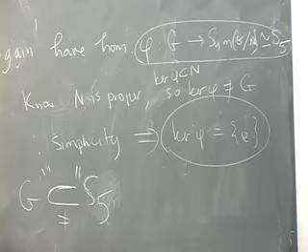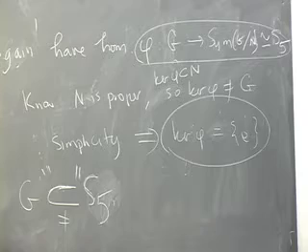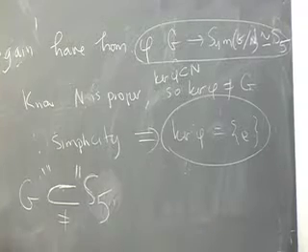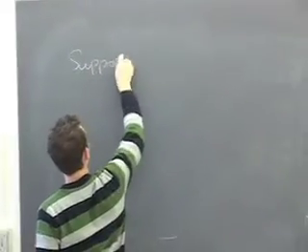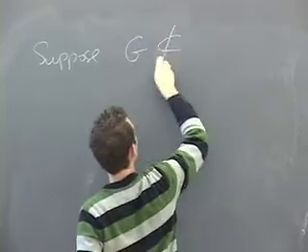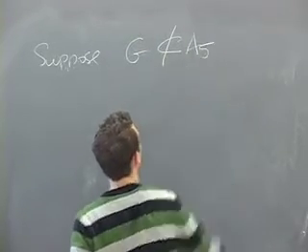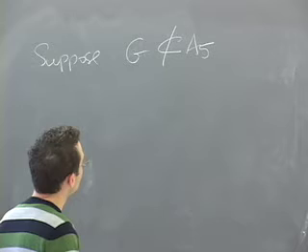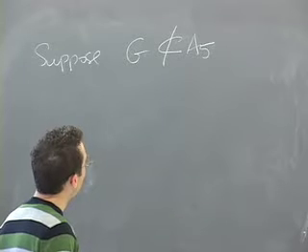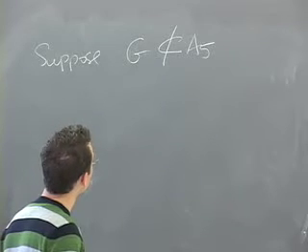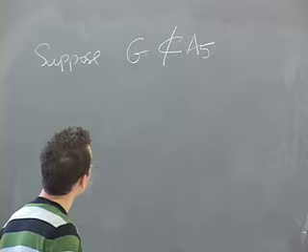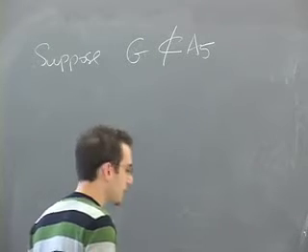OK. So now let's suppose that G is not contained in A5. In other words, there's some element of G which is not in A5.